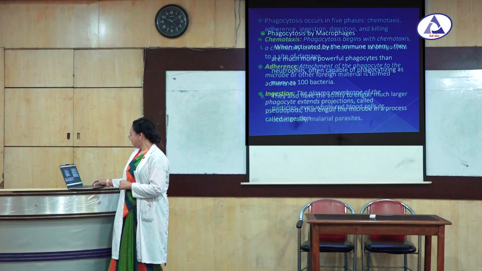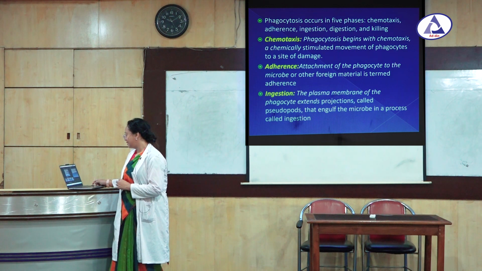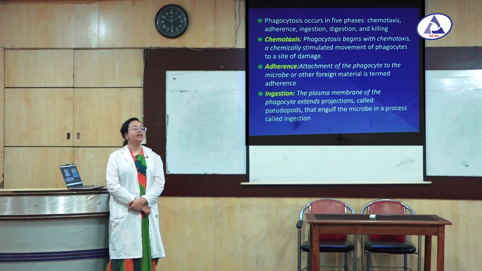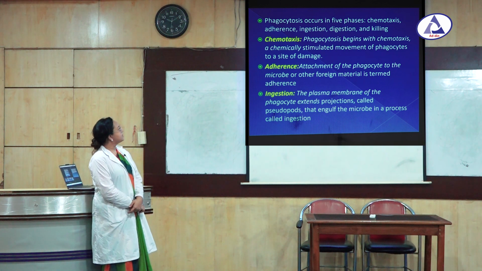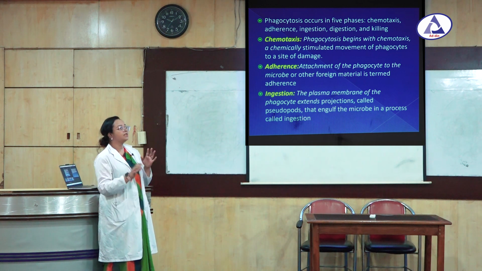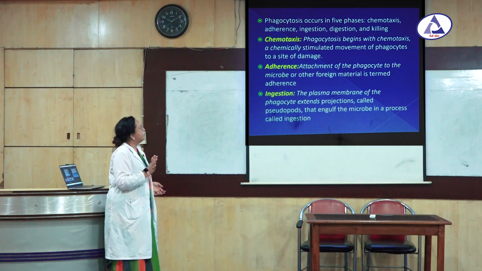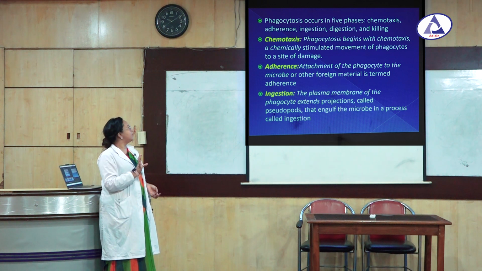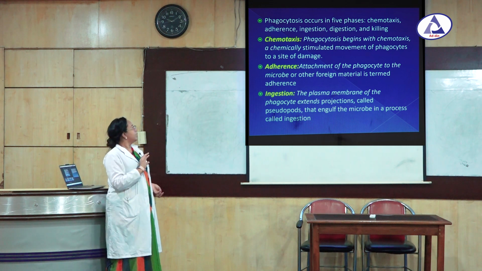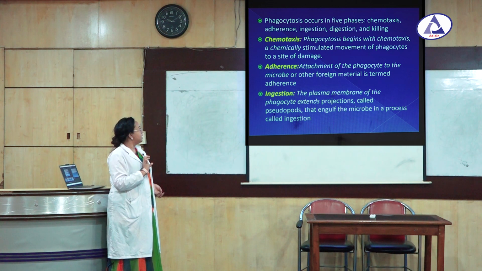So, phagocytosis occurs in 5 phases: chemotaxis, adherence, ingestion, digestion, and killing. Chemotaxis means phagocytosis begins with a chemically stimulated movement of the phagocyte to a site of damage. Then attachment or adherence, as I told you before, to the foreign material.